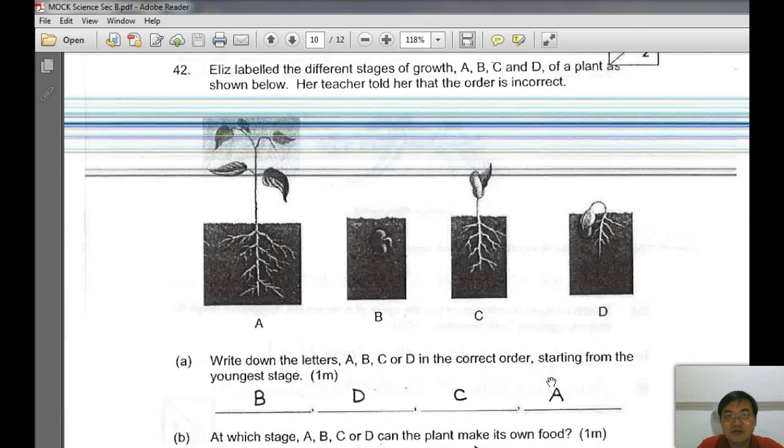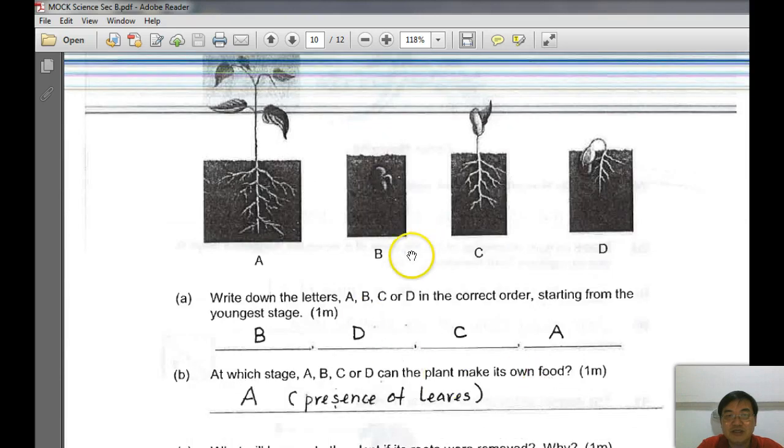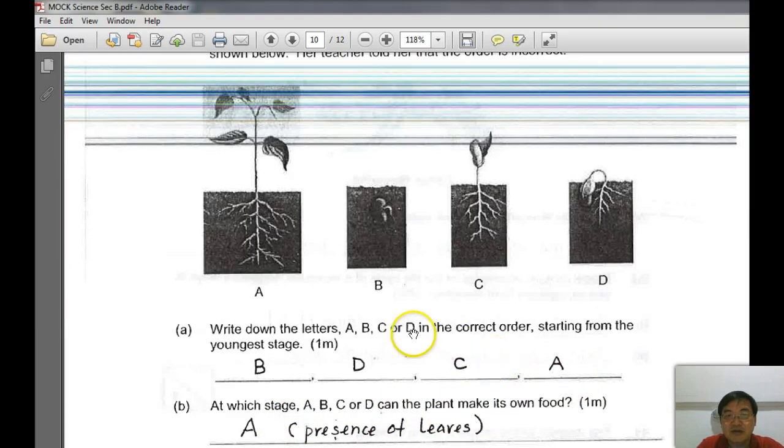Now 42, the sequence is the stage B, D, C, A. Now at which stage does the plant make its own food? Check. It will be this part. Over here may not be accepted at this moment because it is just coming out from the cotyledon, and it is still relying very much on the supply over here.